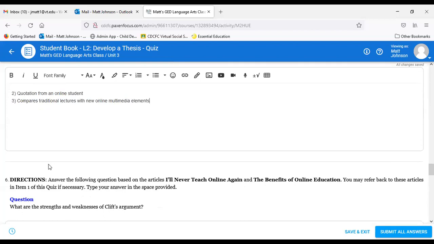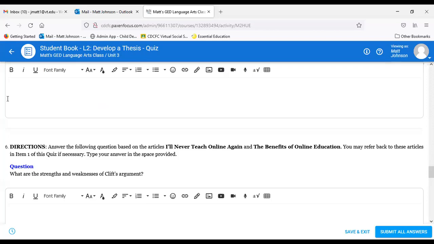So in this case, it's like an example of how traditional lecture or how that comparison differs between the learning options, right? So how learning options work in that environment.